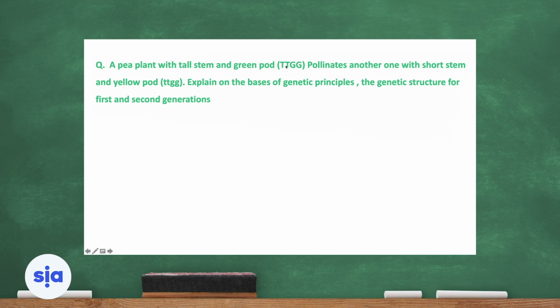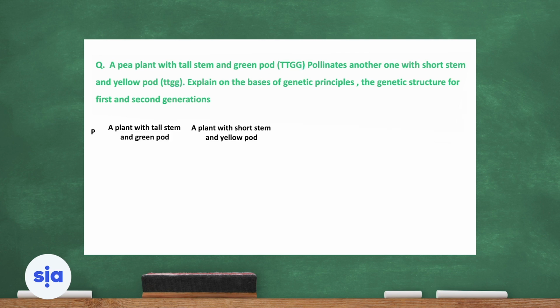Tall stem, green pod, these are pure and dominant. Short stem, yellow pod, these are pure also but recessive, because small letters, here capital letters.